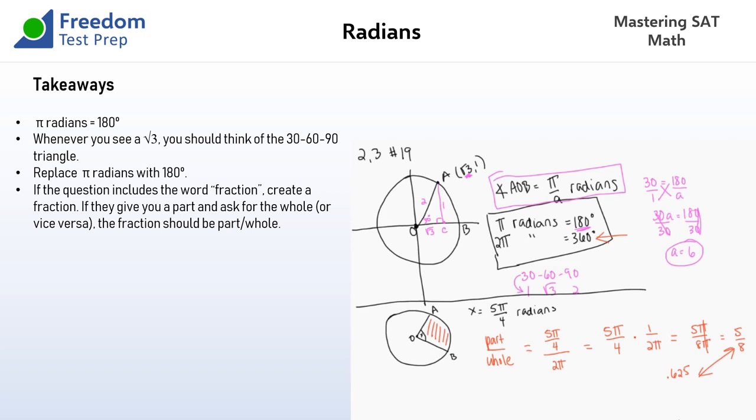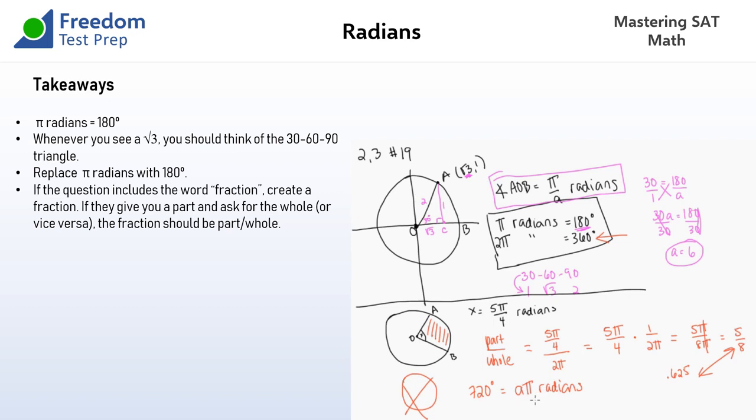Okay, what else can I tell you about this? They might say something like there's a 720-degree angle, and the number of radians is A pi radians, and those two are equal.